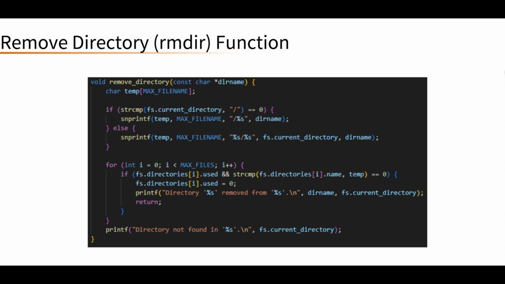Once a match is found, it sets use to 0 to mark the directory as deleted and prints the directory name along with its path. If no matching directory is found in the list, it prints an error message indicating that the specified directory does not exist in the current path.